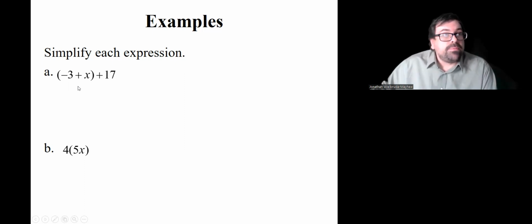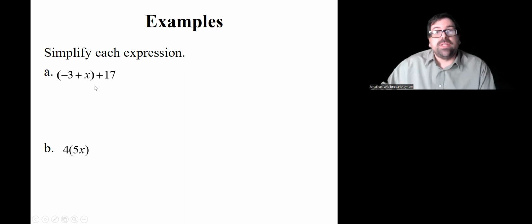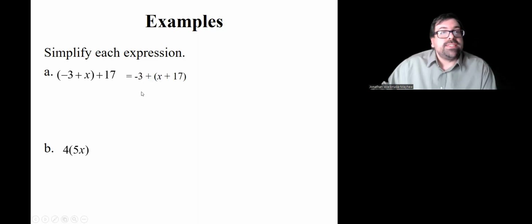As a first step, to help us eventually get the numbers by each other so we can add them together, we can move the grouping from the negative 3 plus x to the x plus 17. That's the associative property. We could use the commutative property then to move the 17 and the x into different positions.